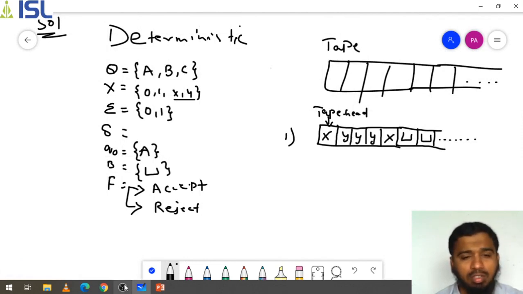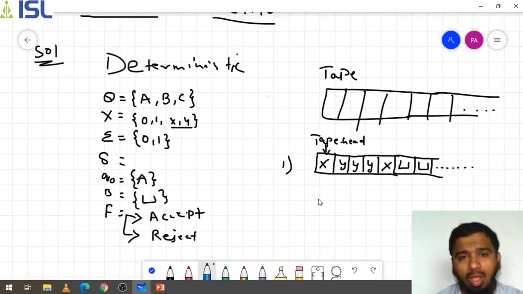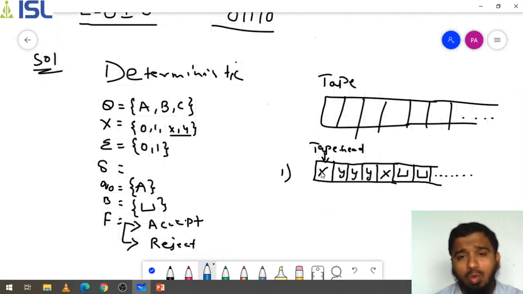Now, if we follow the rules of the Turing machine, what is the Turing machine doing? First, I need to check only 0, followed by any number of ones, followed by 0. Okay. So, let us see here.